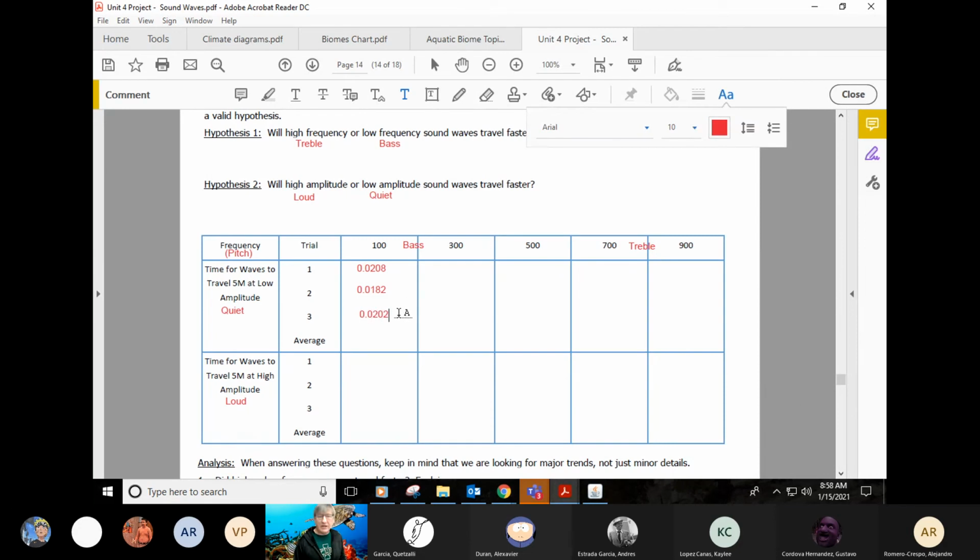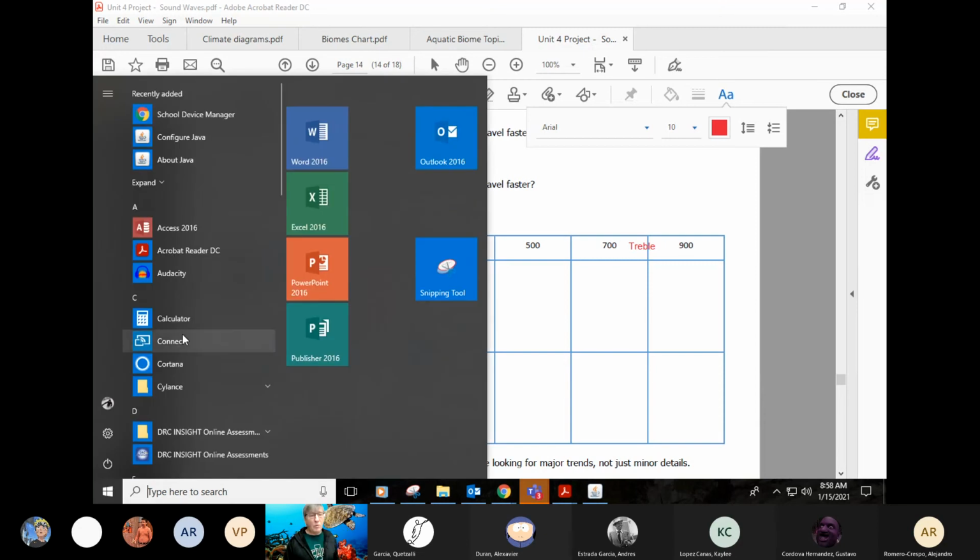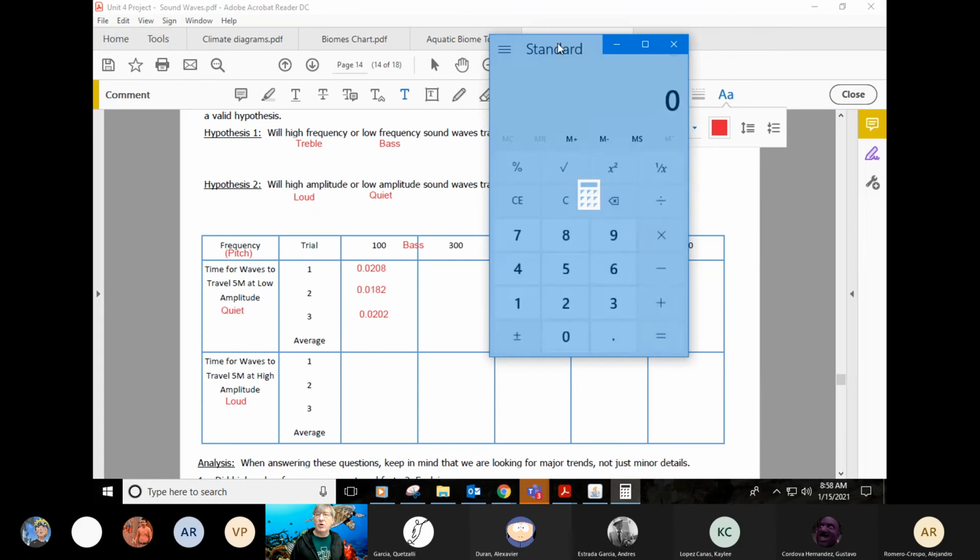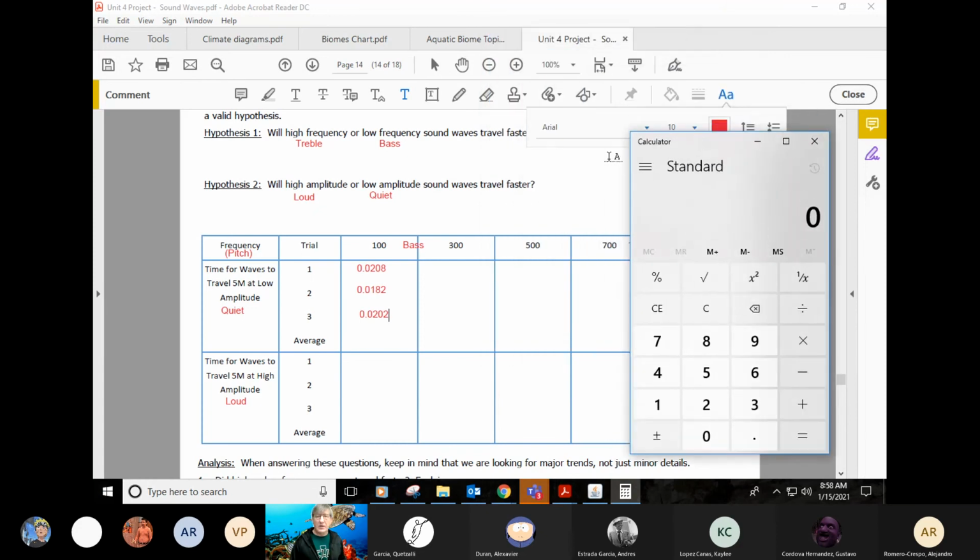Now you're going to need a calculator to do the next part. I'm going to do a couple with you, and then you're going to be doing them all on your own. Whenever we find the average, you take your numbers and add them together. 0.0208 plus 0.0182 plus 0.0202 equals.